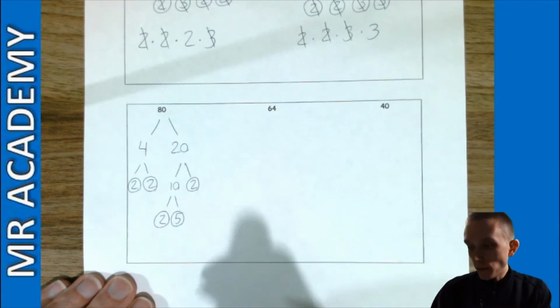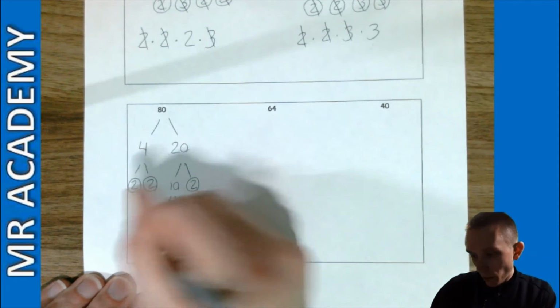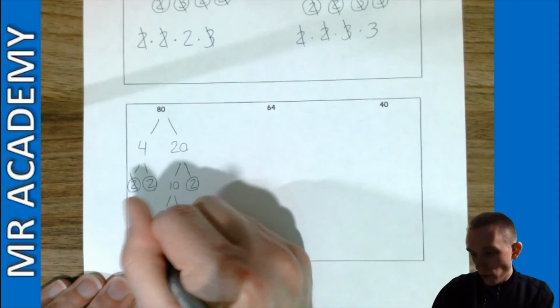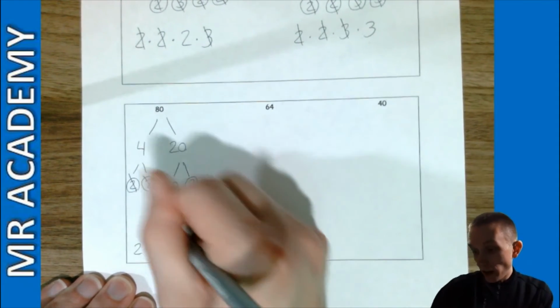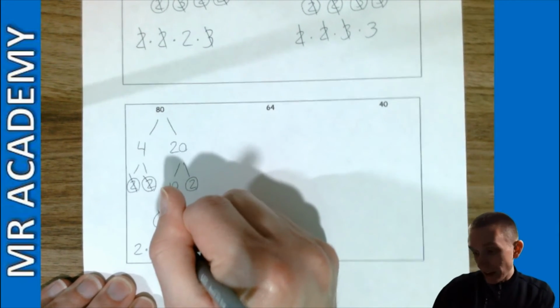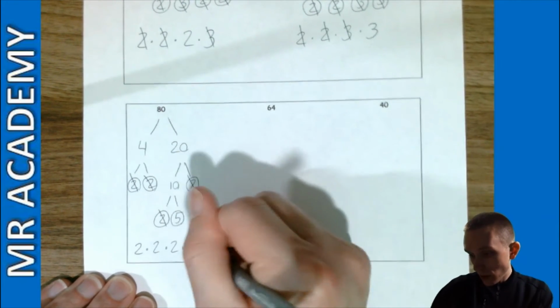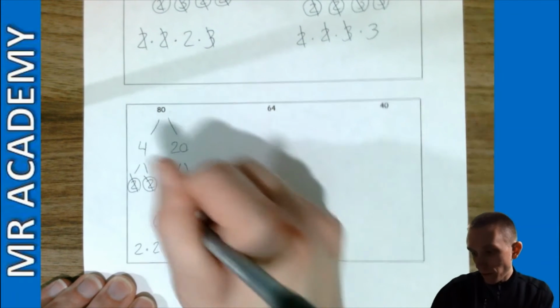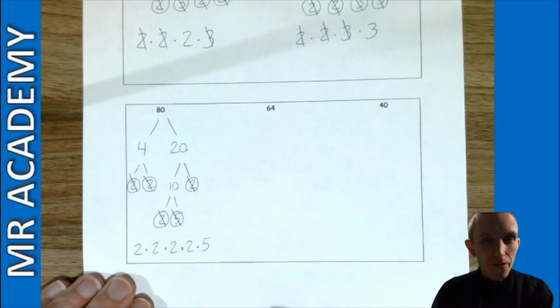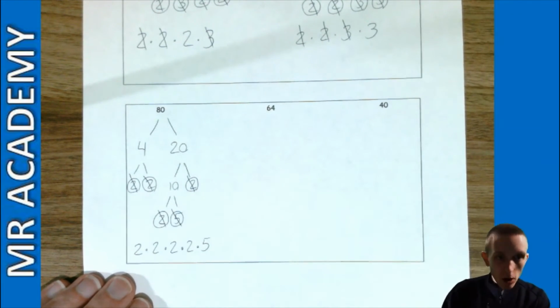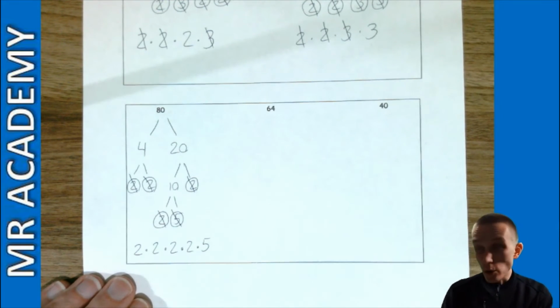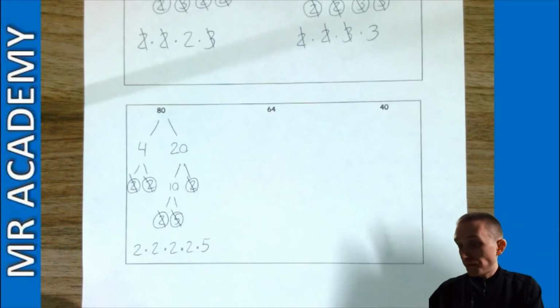And that one is done. So I will end up with a 2, another 2, another 2, another 2, and a 5. And again, we're crossing those off as I get them. That way I know that they are in fact done. I'm not going to reuse them. So that's my set there.